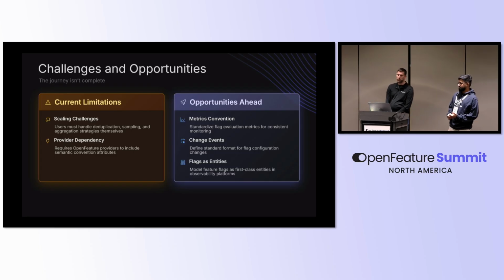If you're interested in helping us define metrics or defining the change event, so from a flag management system, what would it look like every time you change a flag, what should the structure of that event look like? And then finally, this is a fairly new concept in OTel, but they're looking at entities and entity relationship models. So how could we represent a feature flag as an entity and define those relationships to services and apps?